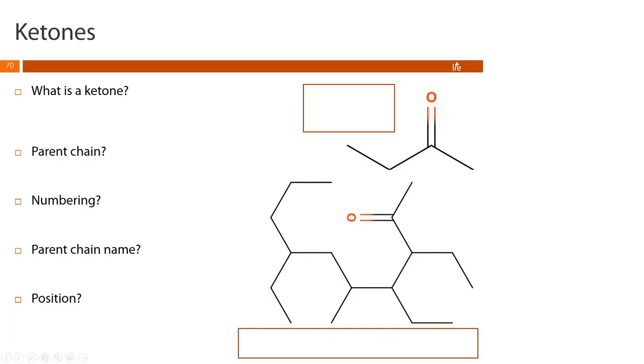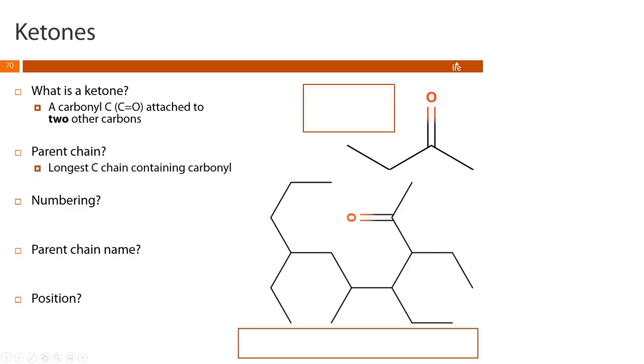Okay, our next group is the ketone. So a ketone is going to be a carbonyl attached to 2 other carbon atoms. Our parent chain is going to be the longest carbon chain containing the carbonyl, and we're going to start numbering these at the end nearest the carbonyl. So for our parent chain, we're going to take the alkane name, drop the E, and replace it with one, O-N-E.